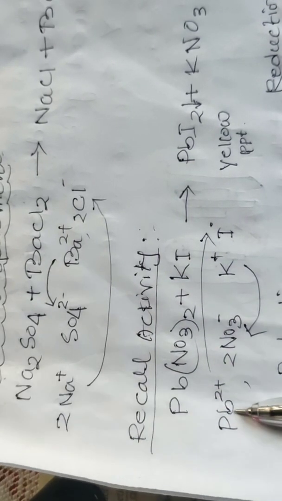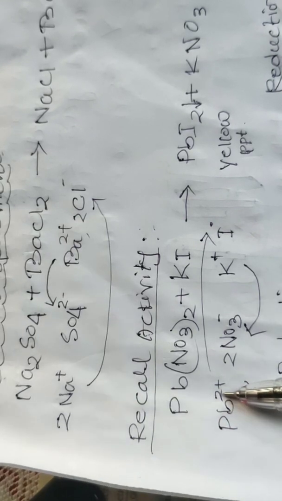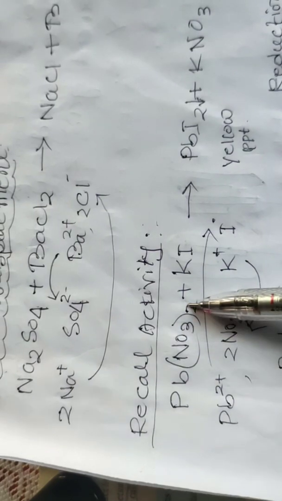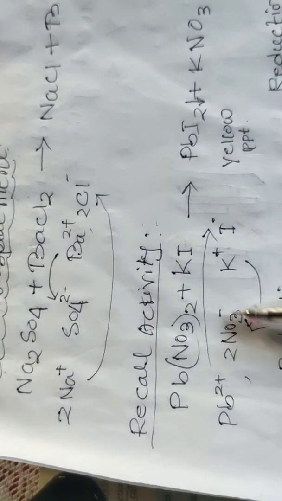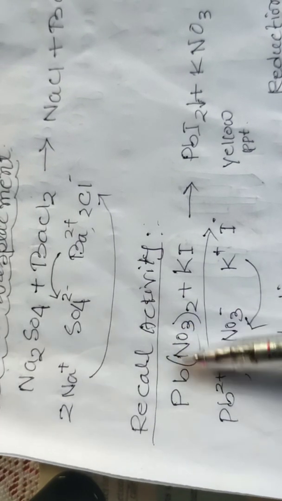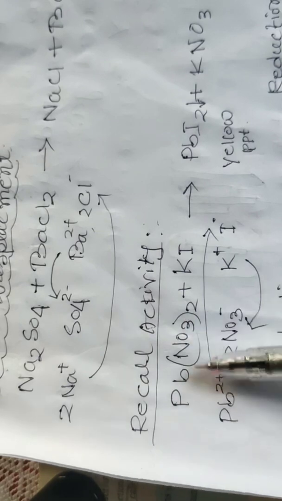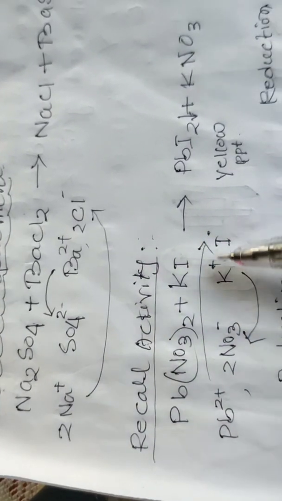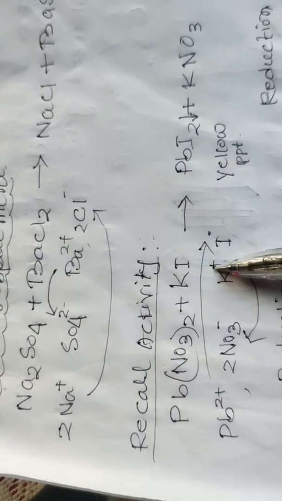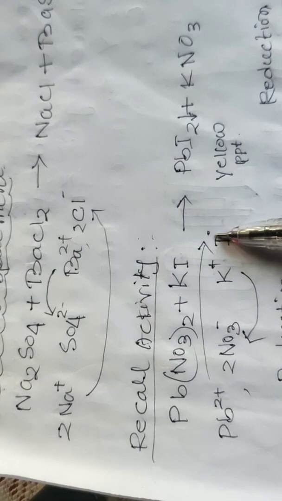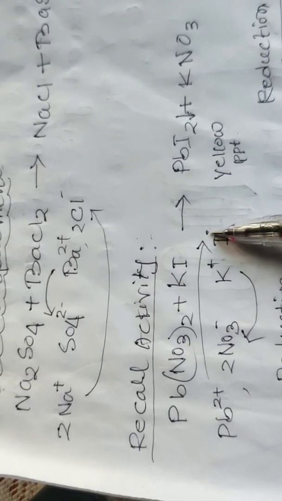Lead has valency 2, so Pb2+, positively charged. NO3 has valency 1, and there are 2 groups, so the charge is negative. By the positive and negative charges these ionic compounds are formed, which are also known as salts. Next, potassium iodide: potassium has valency 1, so the charge is plus 1, and iodine has valency 1, so it carries a minus 1 charge.